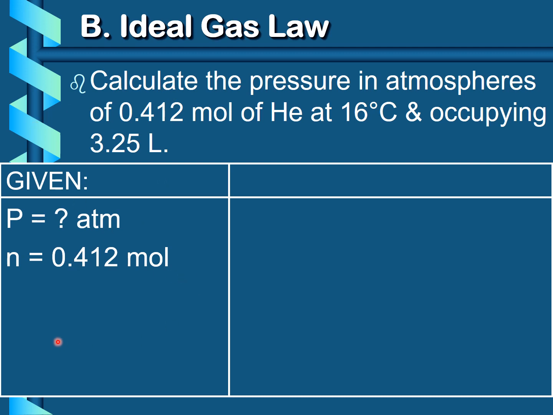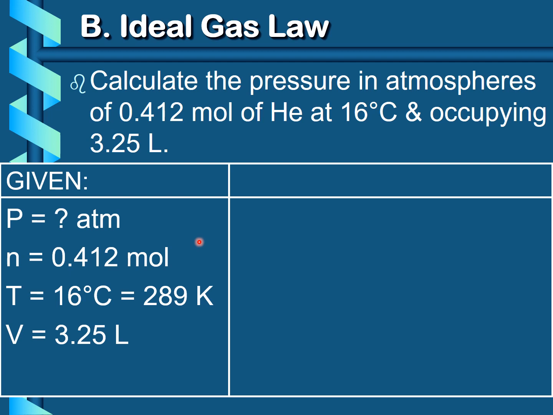In here we don't need to compute the molecular weight, since we are not given a mass. It directly gives us the number of moles of the gas, so we can use it directly. Then we have the temperature, which is 16 degrees Celsius converted to 289 Kelvin, and the volume of the gas, which is 3.25 liters.